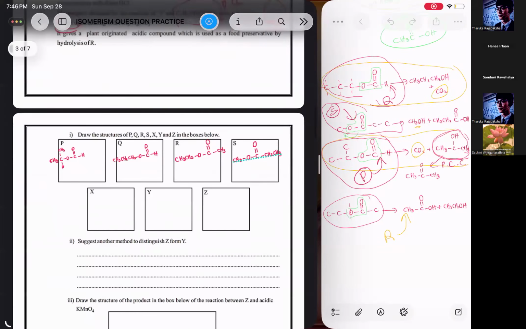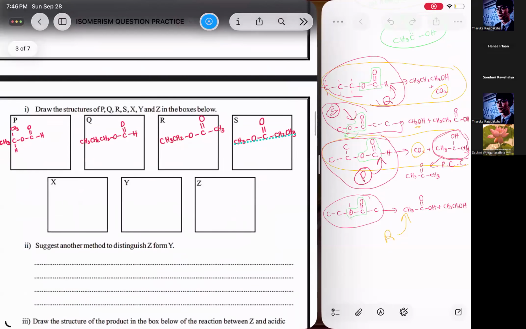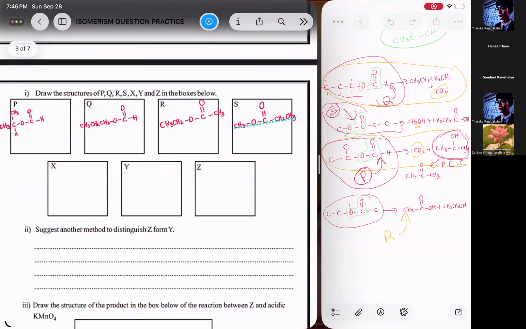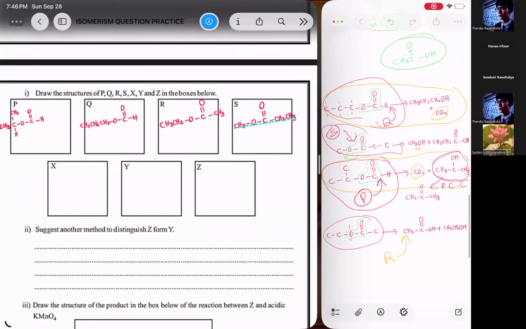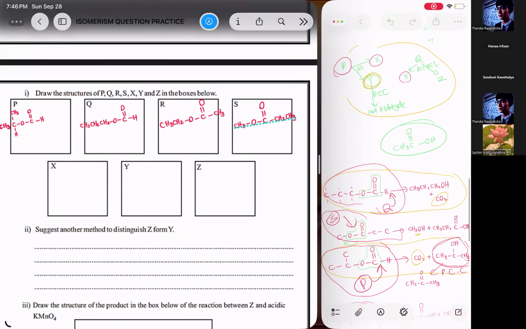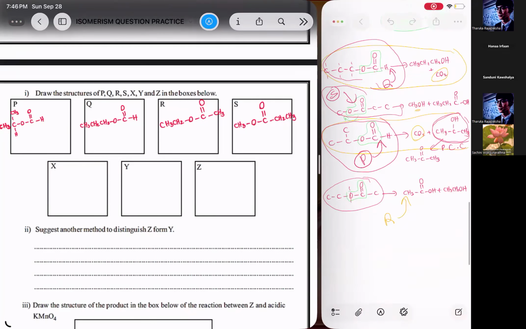What is X then? X is formed by P. X is formed by hydrolysis of P. It will give, what do you call, carbon dioxide. X is carbon dioxide, CO2. We are asked to draw structures, so let's draw the structure of carbon dioxide.